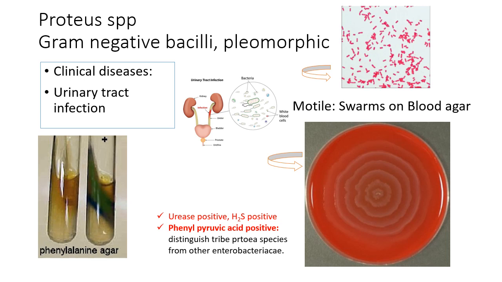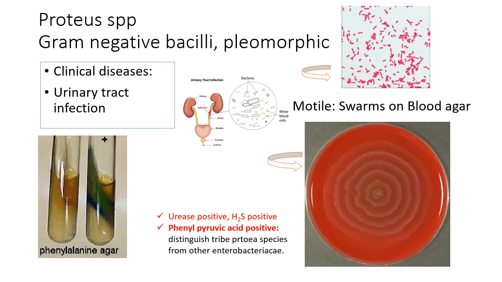Urease means that the bacteria has the enzyme urease, which converts urea into ammonia, and this increases the alkalinity and changes the pH of the medium, which will change the color of the medium. And H2S is hydrogen sulfide, which is formed when the bacteria has specific enzymes for this reaction to happen.